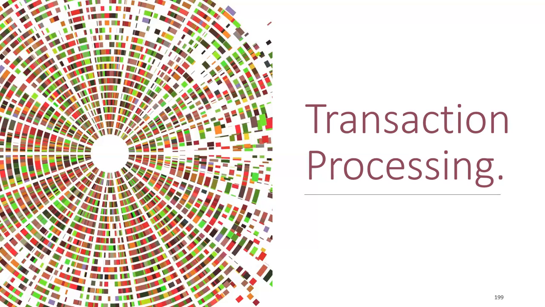What is transaction processing? Transaction processing is an execution of a user program, or in a database management system we can consider a transaction as a list of actions that read, write, and update database objects. That means we are trying to access the database. This is called a database transaction.